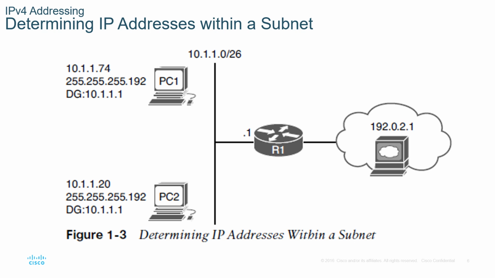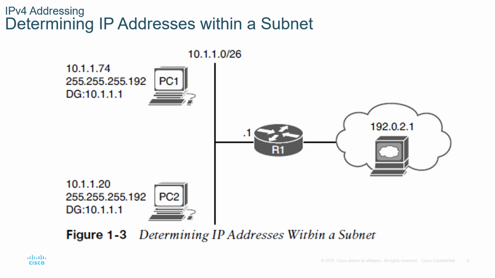So if we look at PC1 and PC2, the IP address of PC1 is .74, and for PC2 the IP address is .20. We look at the block size, which is supposed to start with .0 and end with .63. This means PC1 does not belong within the same network as PC2.